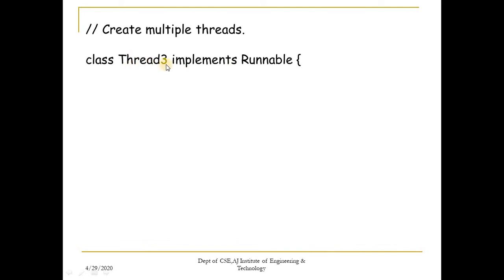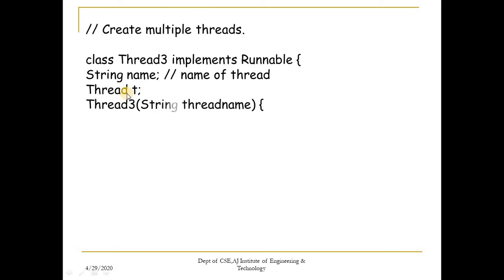So class Thread3 implements Runnable. Here we are declaring a variable called name. We are creating a variable t which is of type Thread. Next, this is the constructor for Thread3. It takes one parameter, that is a String, which represents the thread name.